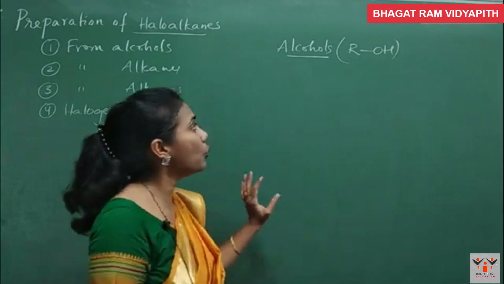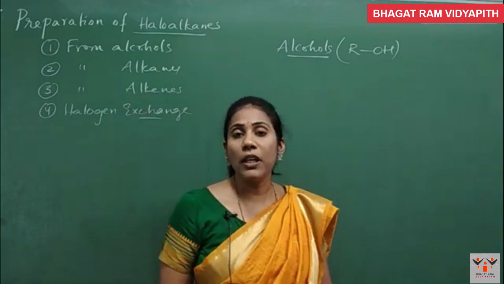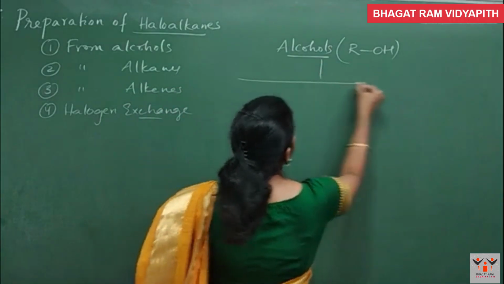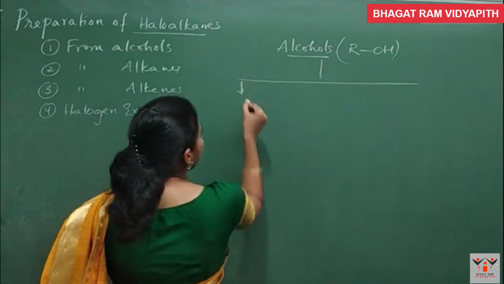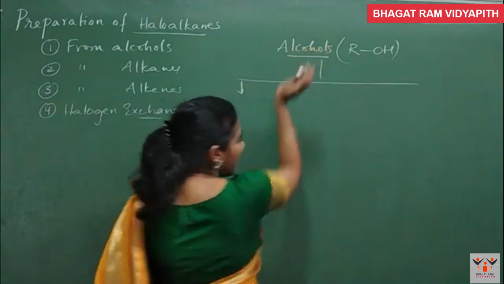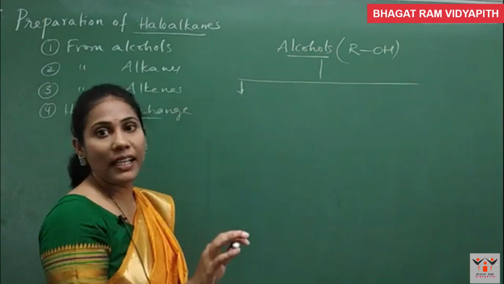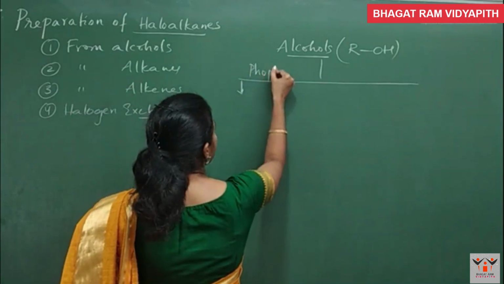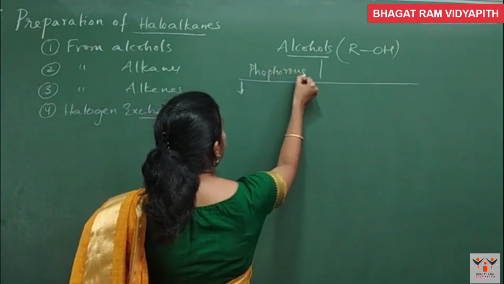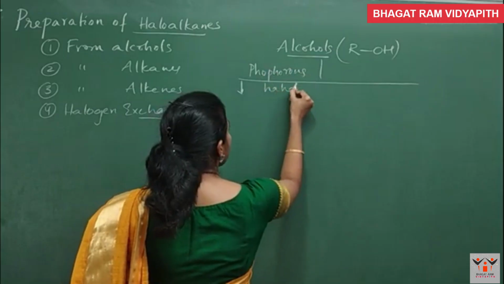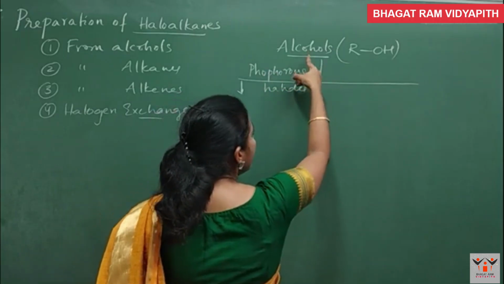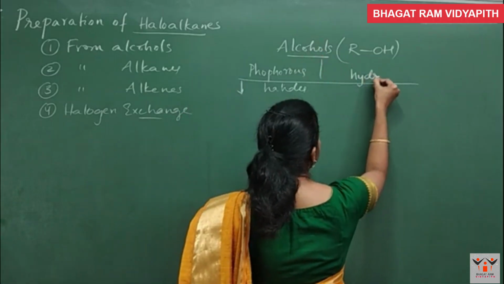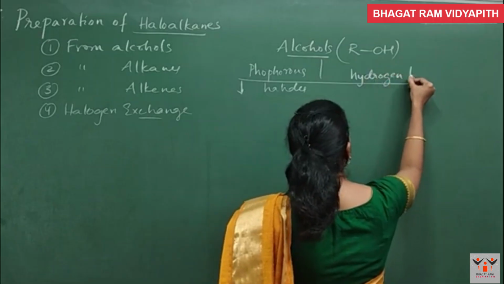Okay, so ROH is the general formula for alcohols. You know, here we can use two reagents, okay, with alcohols to prepare alkyl halides. One is phosphorus halides. We can use phosphorus halides, and also we can treat alcohols with hydrogen halides.